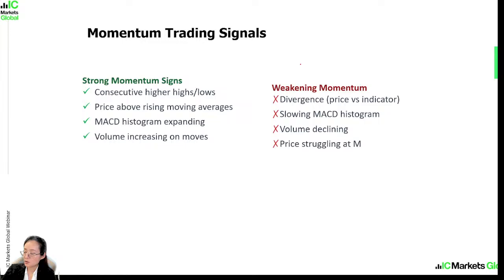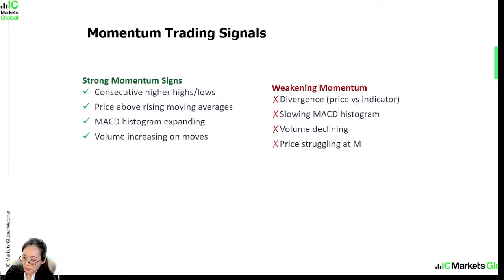All right, so another one for the weakening momentum, which is about the reversal pattern, okay, which is that you might spot the divergence, either bearish or bullish divergence. Price makes the higher high and the indicator makes the lower high. That is a bearish divergence, right?